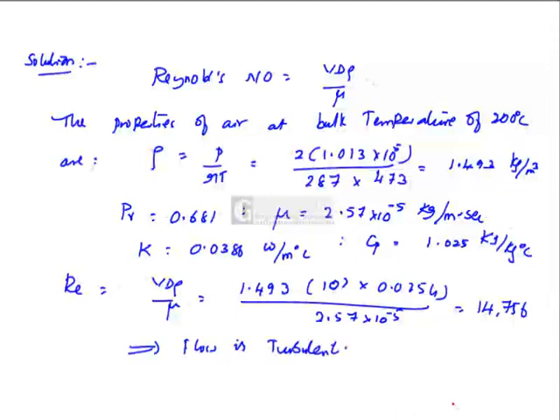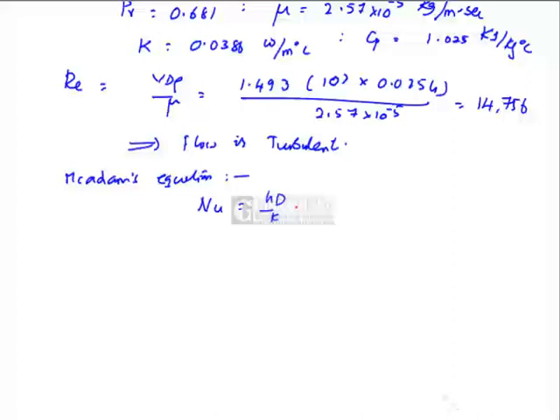So the flow would easily become turbulent in the case of flow through pipes once it crosses 4300 Reynolds number. Therefore, I can use the McAdams equation, or Dittus-Boelter equation, given by Nusselt number equal to hD by K equal to 0.023 Re to the power 0.8 Pr to the power n.